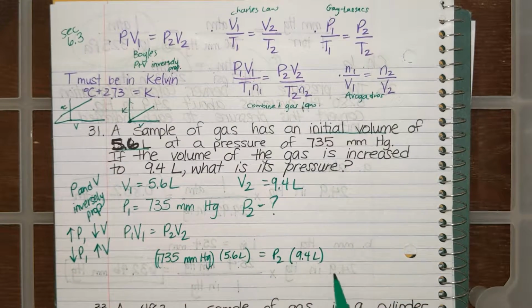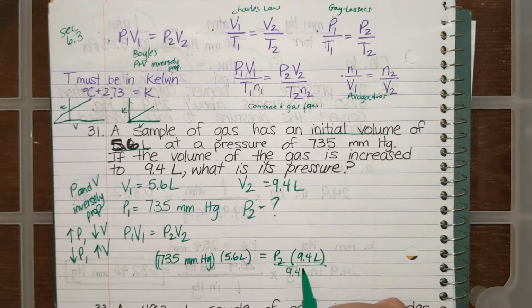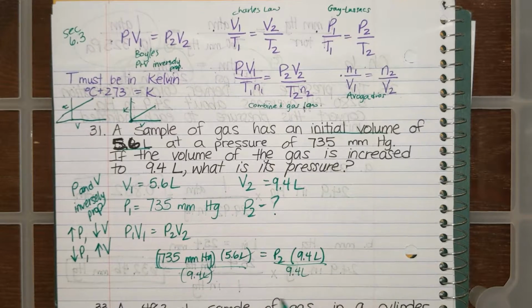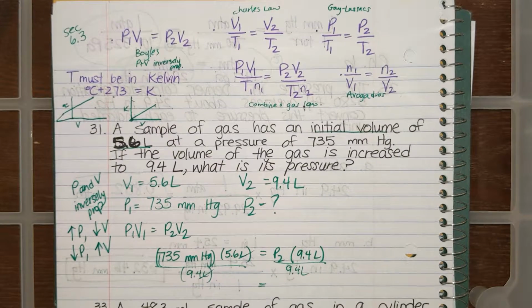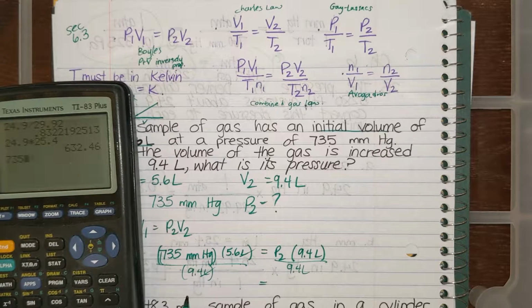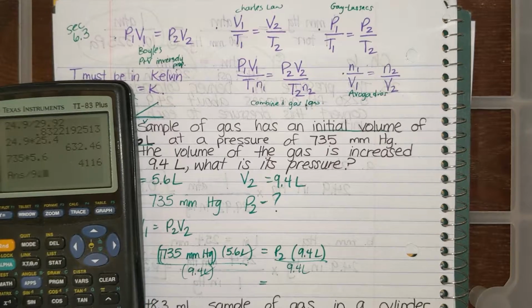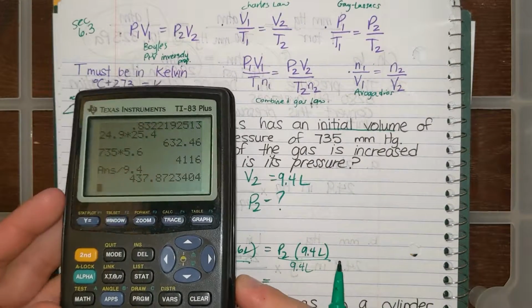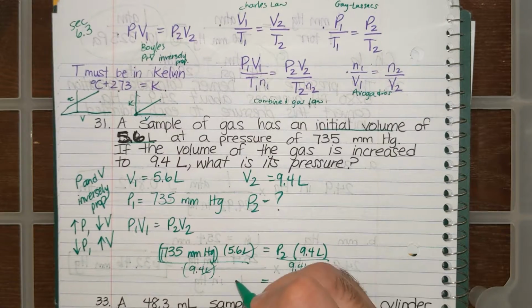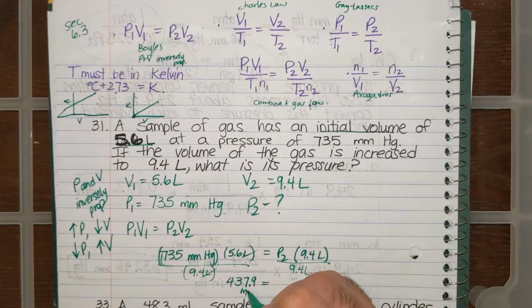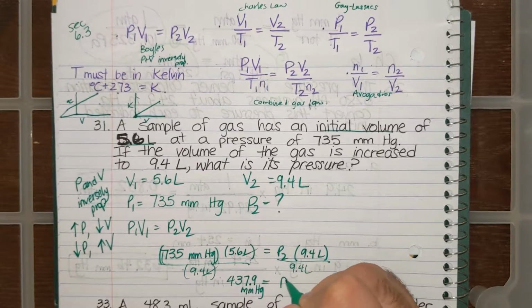If I solve for P2, I'm dividing both sides by 9.4 liters. Liters are going to cancel out, and I'll be left with millimeters of mercury. If I do this math, I'll get 735 times 5.6 divided by 9.4, and I get 437.87, or about 437.9 millimeters of mercury is P2.